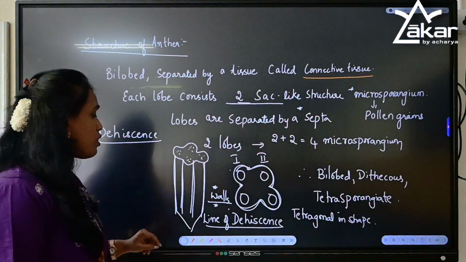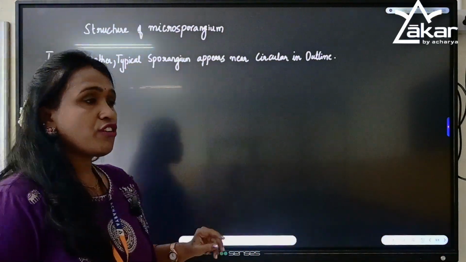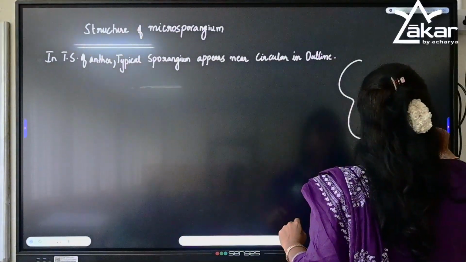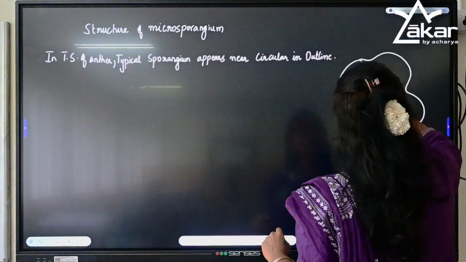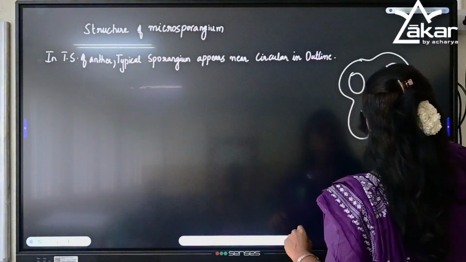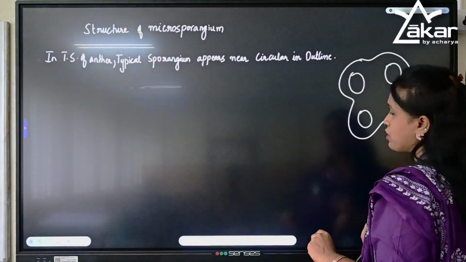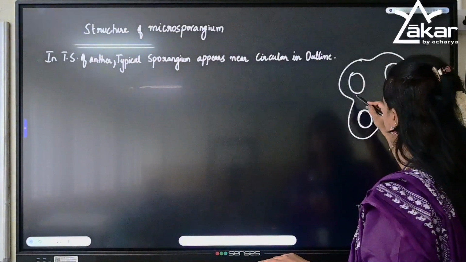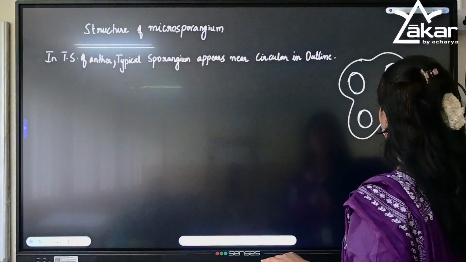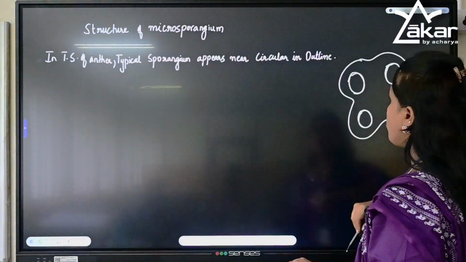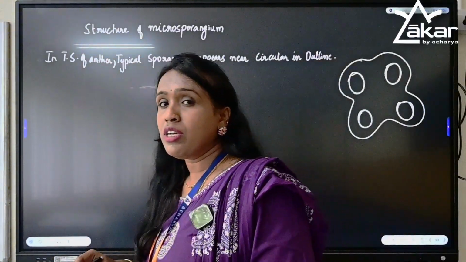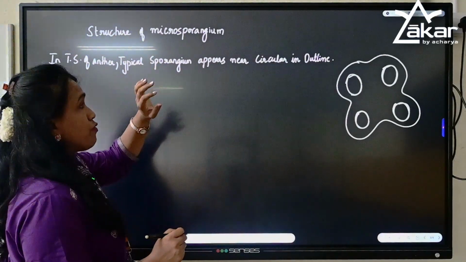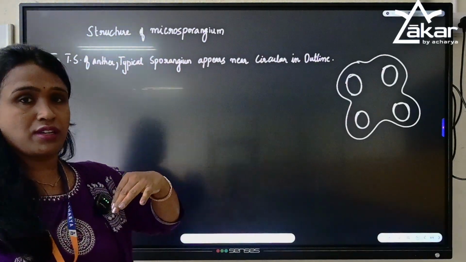Next, coming to the structure of microsporangium. Microsporangium is present inside a tetragonal structure, but when we look at the diagram in our NCERT or under the microscope, the microsporangium looks almost circular in shape. Now, why is studying the structure of microsporangium important for us as students?